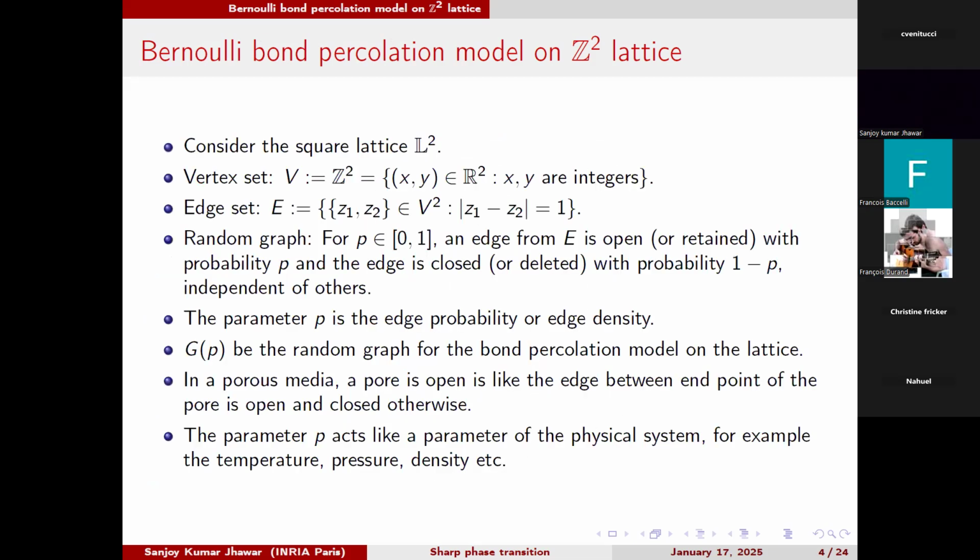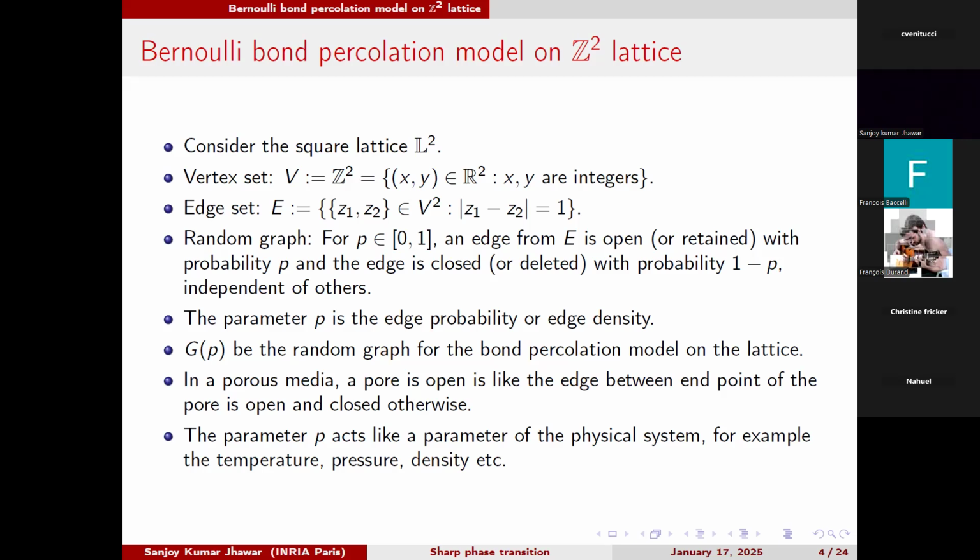Formally, the vertices are the vertices of the Z2 lattice, and the edges are the nearest neighbor edges, and each edge is open or closed independently with probability P and 1 minus P respectively. The higher the value of P is, the more edges are present in the realization. What is essential is that some properties of the graph will be more likely to be present if the value of P is higher.